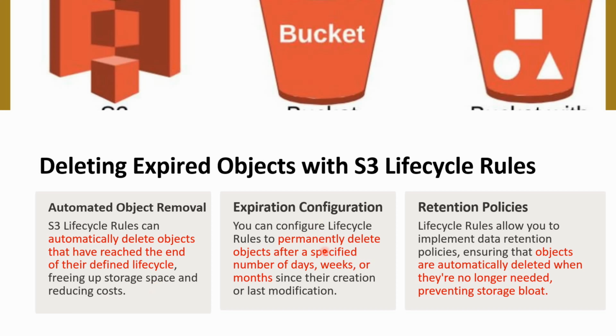You can configure lifecycle rules to permanently delete objects after a specified number of days, weeks, or months since their creation or last modification. Retention policies. Lifecycle rules allow you to implement data retention policies, which ensure the objects are automatically deleted when they are no longer needed, which prevents storage bloat.